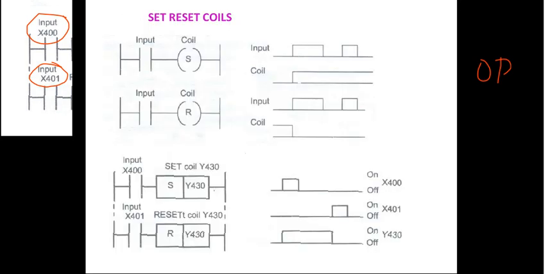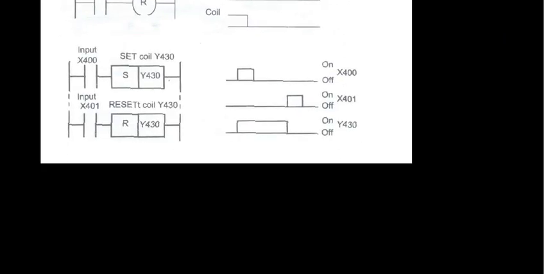The instance where you put your set coil, or the input 400, that is your X400, that input occurs here, and you have one input, that is X401, that occurs here, and between these two inputs you get a kind of output.